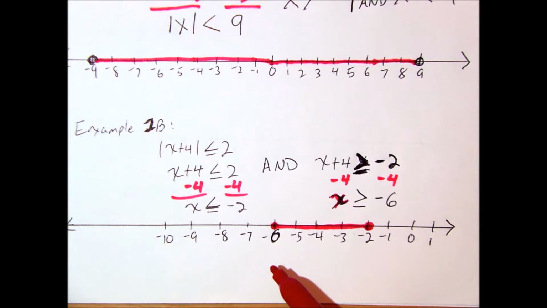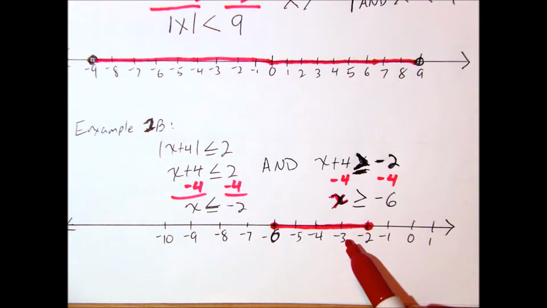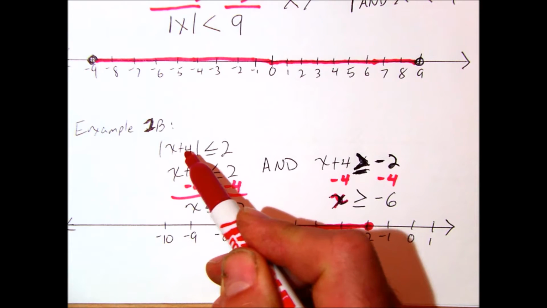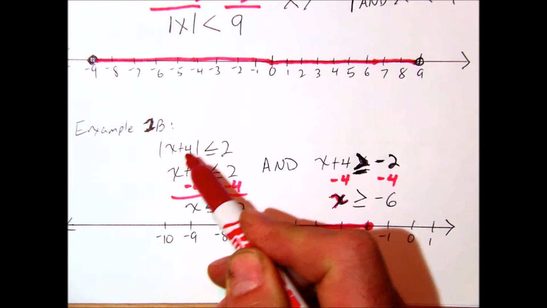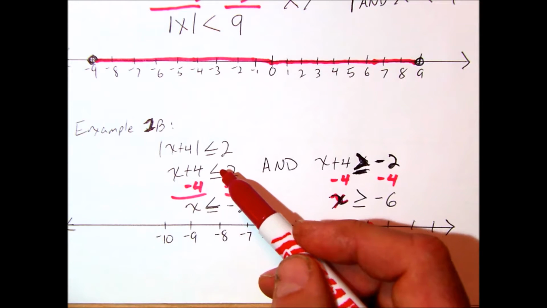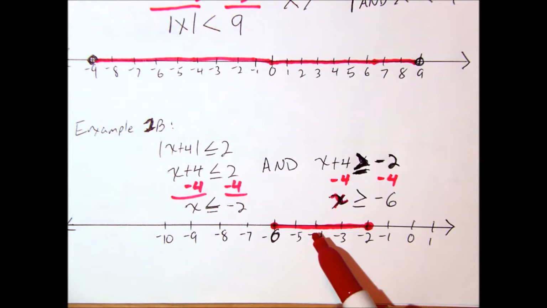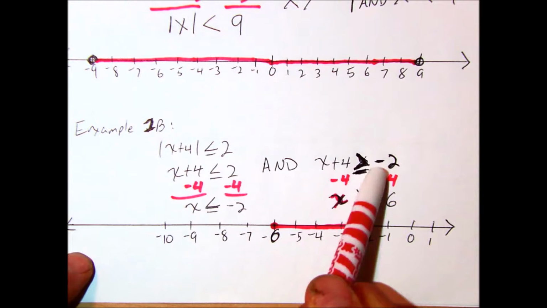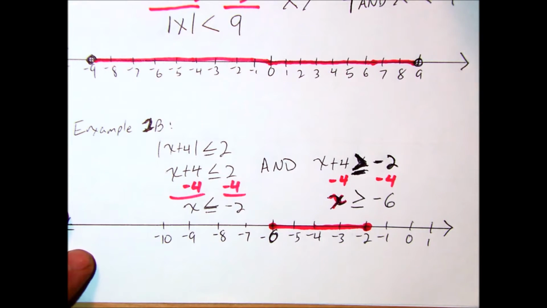So that's a true statement. I plug in -3. -3 plus 4 gives me +1. The absolute value of +1 is, of course, less than 2. So that is a true statement. So I know that my graph and my compound statement are correct.